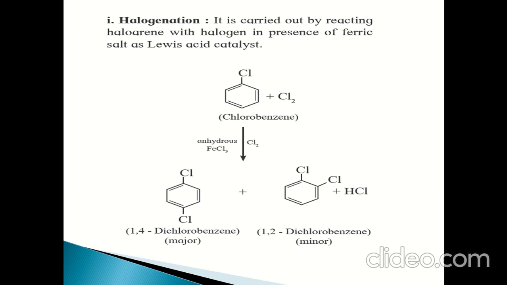First is 1,4-dichlorobenzene and second is 1,2-dichlorobenzene. 1,4-dichlorobenzene is the major product and 1,2-dichlorobenzene is the minor product. So in this reaction, two products are formed. One is at the 1,4 position, the other is at the 1,2 position.